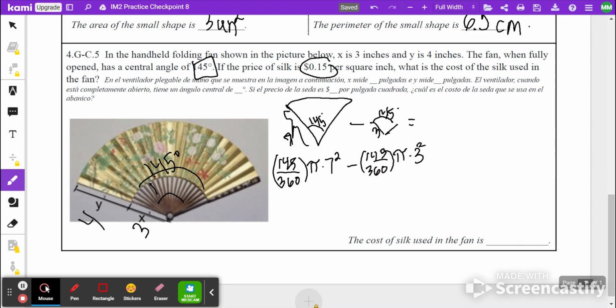And that will give me the area of the silk.